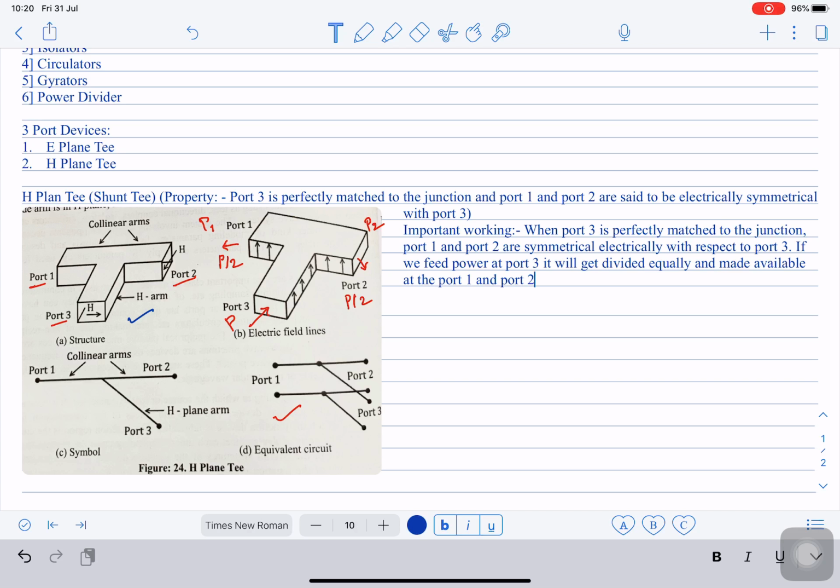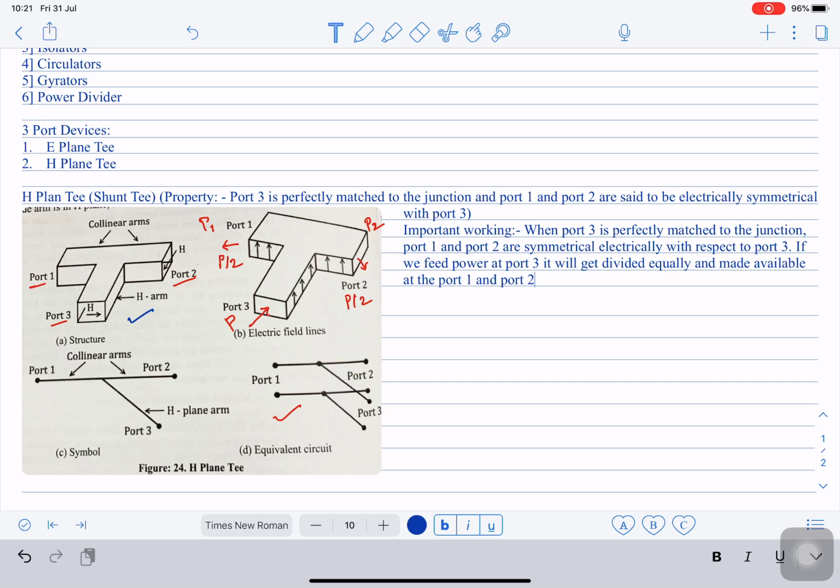As it has a total of three ports, the scattering matrix is of 3 by 3 order.